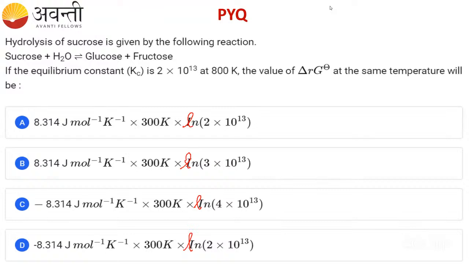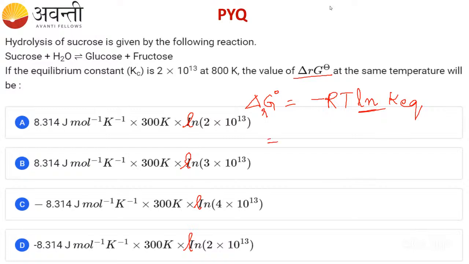Which formula will you use to find the value of delta G naught? Delta G naught is equal to minus RT ln K_eq. In terms of ln, we won't use 2.303. So this is the formula.